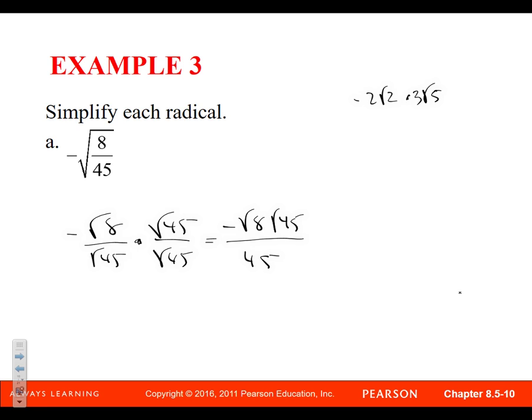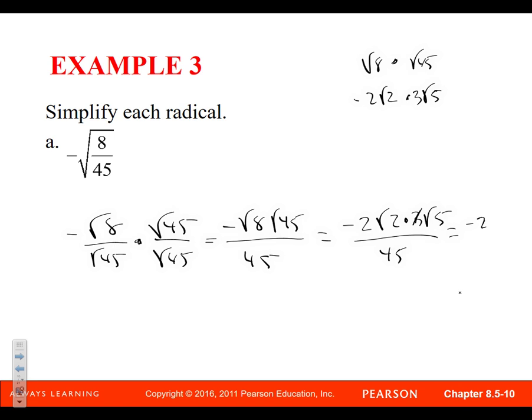Someone double check that. This is the square root of 8 right here, and this is the square root of 45. Right? So, check this out. I like this. This is cool. Radical 2 times 3 radical 5 over 45. I know that 3 and 5 can be simplified, right? So, how many times would 3 go into there? 15?